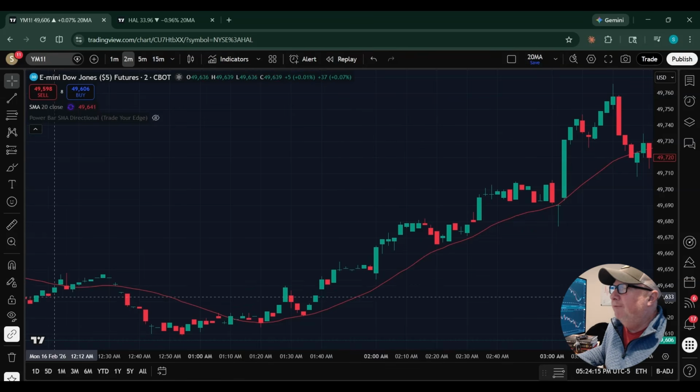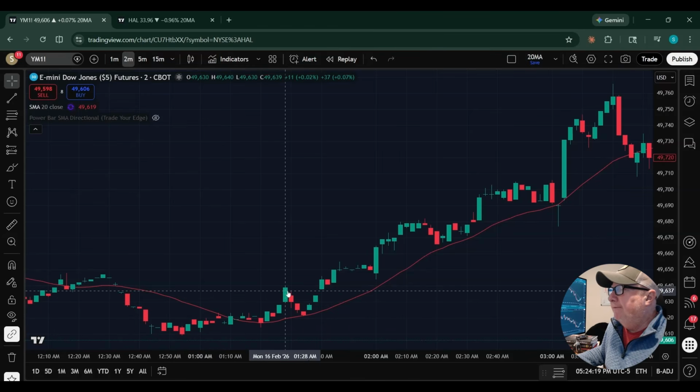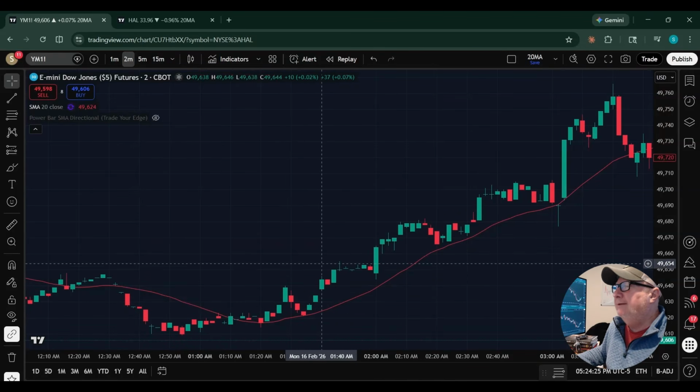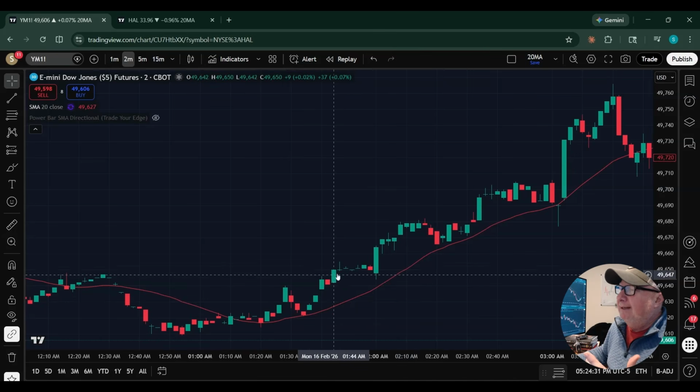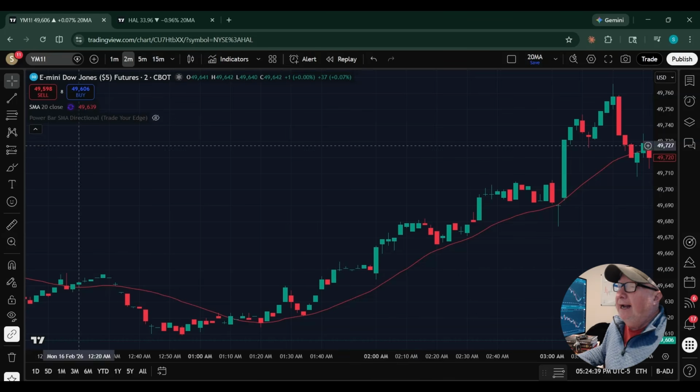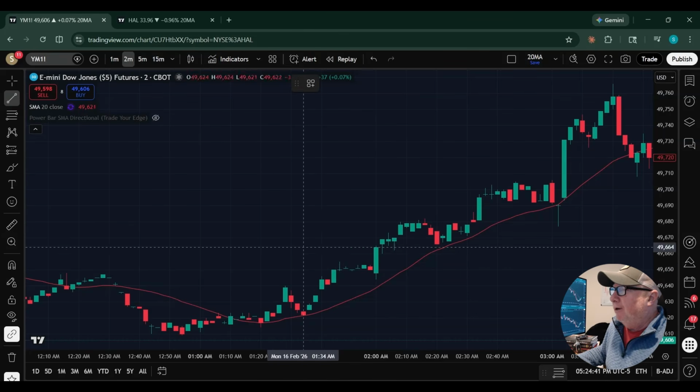Already we've had movement above the anchor, below, back above, back and touching. Now we have a nice base forming, which is a great precursor to a power bar, right? This in itself is a trade when you have a move off the 20, a base that moves over toward the 20, and then you get a power bar.